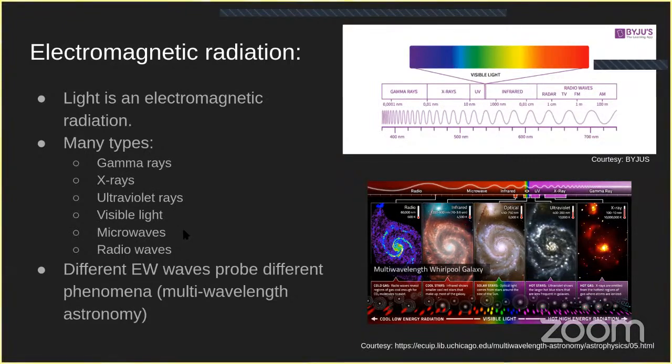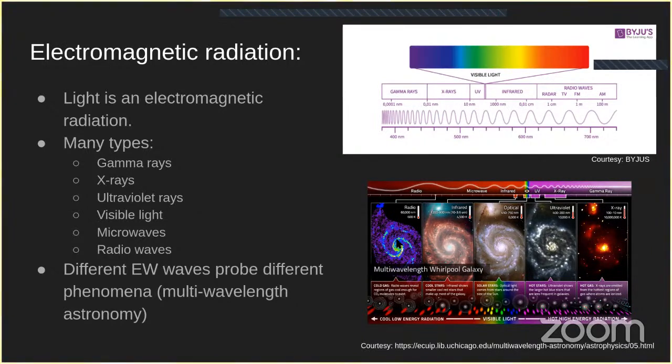So you can see that different types of electromagnetic radiation probe different temperatures. Because gamma rays are so energetic, they are emitted from regions which are very, very hot. Here you can see that X-rays are emitted from regions which are around 10 million Kelvin, that's the temperature range where it is emitted.